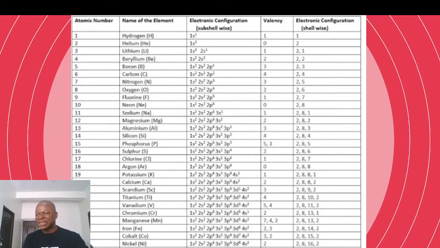That's why we call them transition elements. If you can know from hydrogen to calcium, it will be okay. The other elements in the D block have some complications, and except when we treat them very well, you may not understand the variations in their valencies, electrons, and electronic configuration.